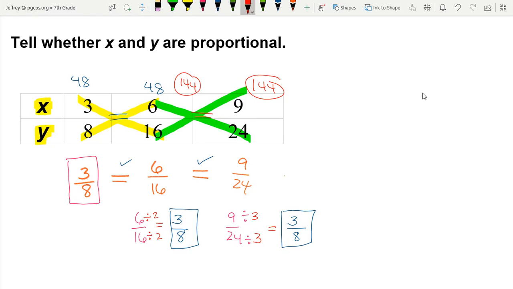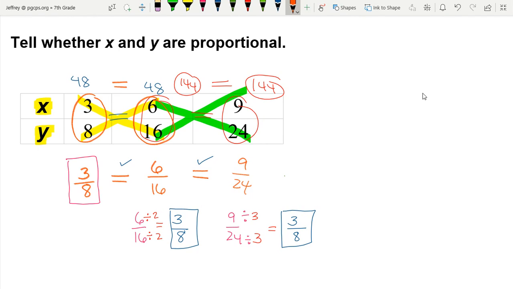So when we compare these two ratios using cross products, our products are equivalent, 144 and 144. And also previously, when we compared these two ratios using cross products, the products are also equivalent.